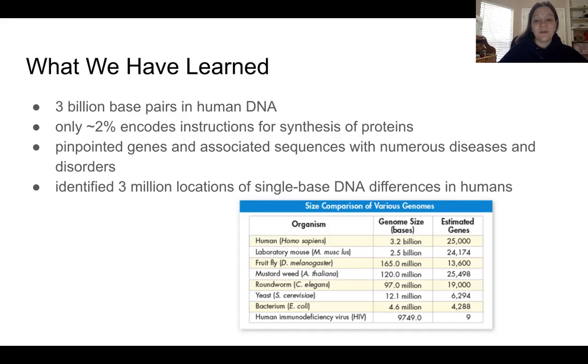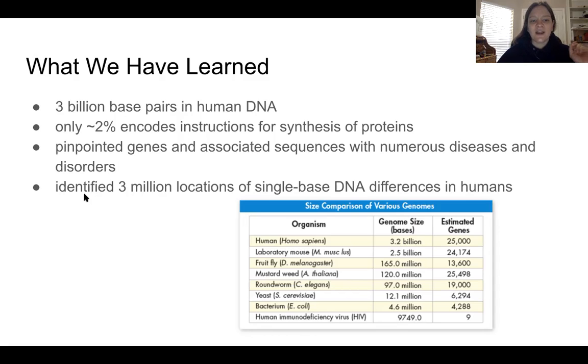They did manage to pinpoint a lot of genes, and they figured out associated sequences with, so like what is different about this person who has type 1 diabetes versus this person who does not. What's different in their DNA that causes that individual to have a disorder or a disease.